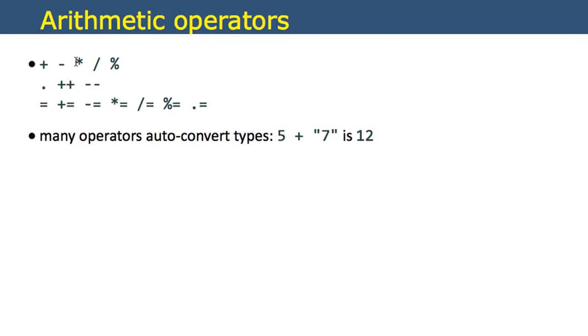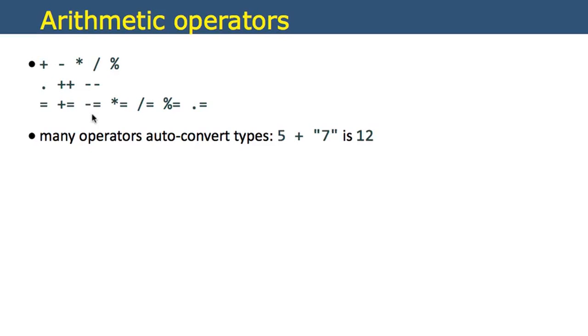Arithmetic operators, pretty much just the same as in Java. You've got addition, multiplication, increment, decrement, plus equals, minus equals, all that stuff. The only major difference between Java and PHP in terms of operators is that in PHP, the concatenation operator is a dot, whereas in Java, it's a plus.